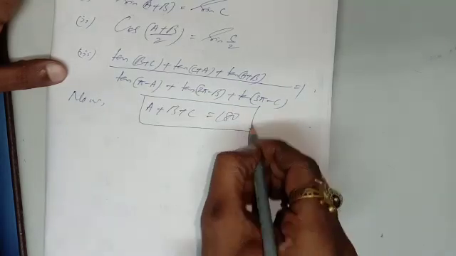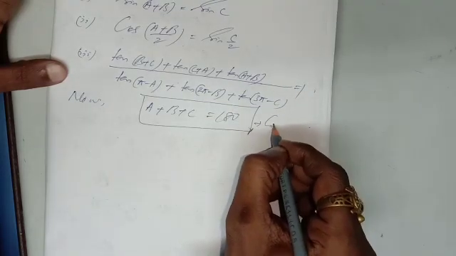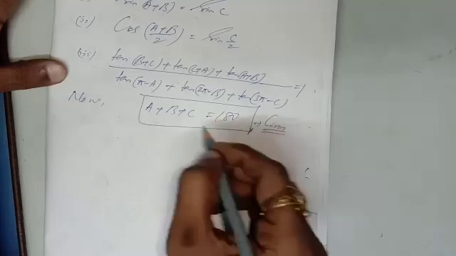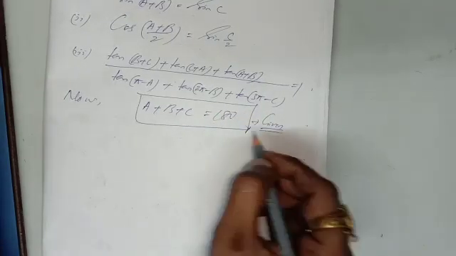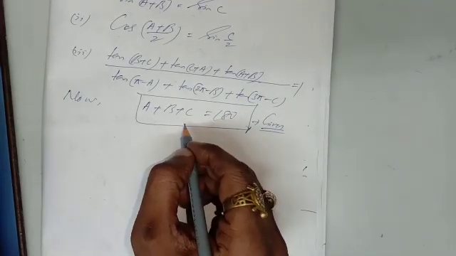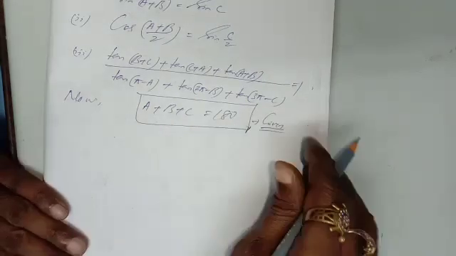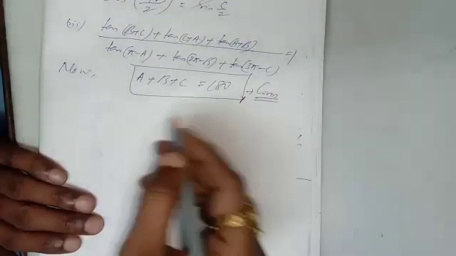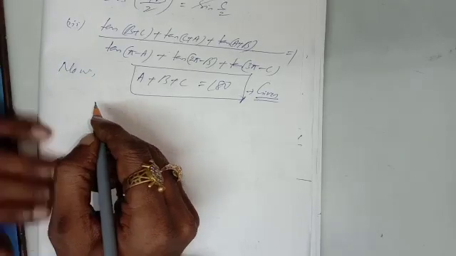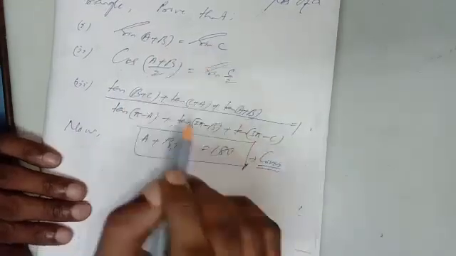This is the condition given. The sum of the 3 angles of a triangle is equal to 180. This is the basic concept. The first part question given, you have to prove sin(A + B) is equal to sin C.